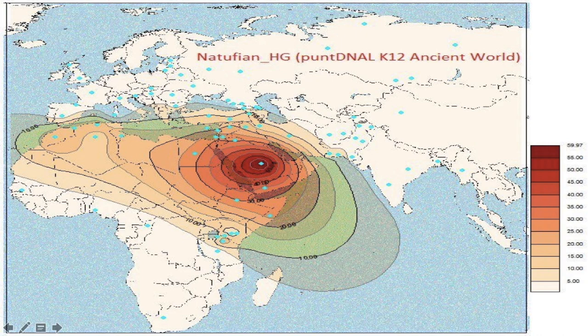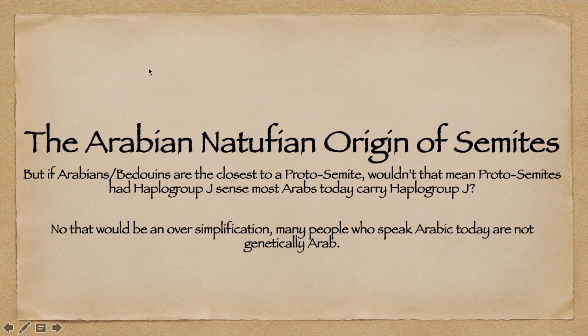But if Arabians and Bedouins are closest to Proto-Semites, wouldn't that mean Proto-Semites had haplogroup J, since most Arabs today carry haplogroup J? No, that would be an oversimplification.